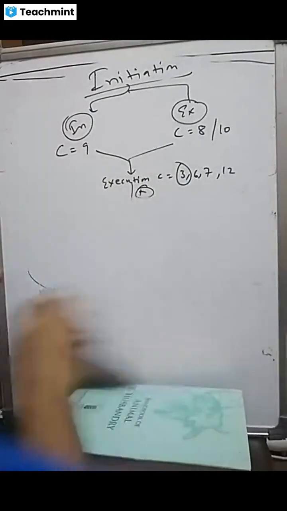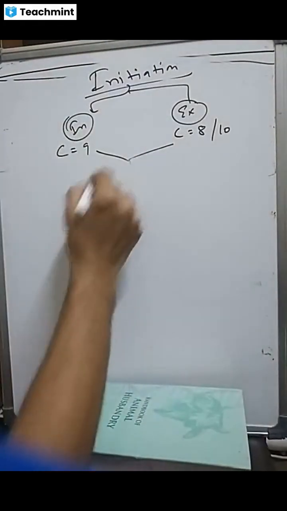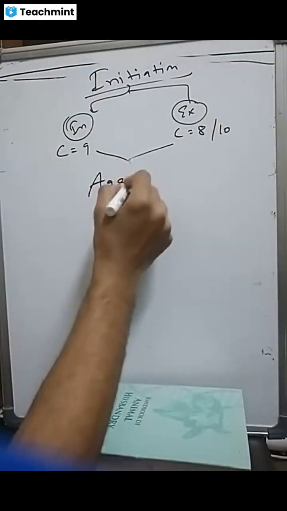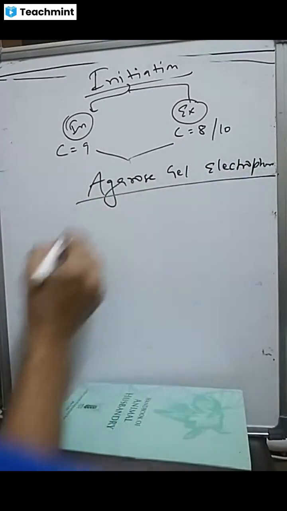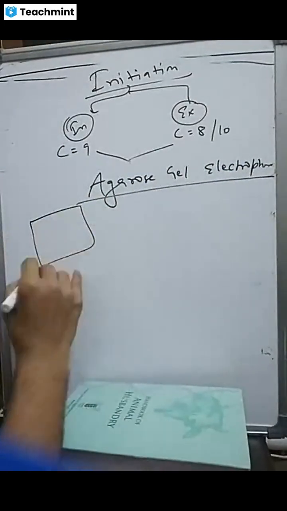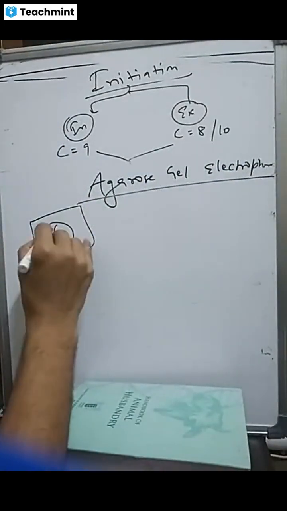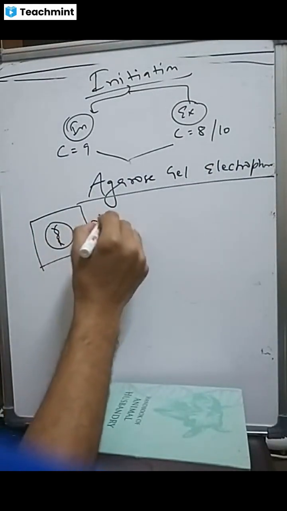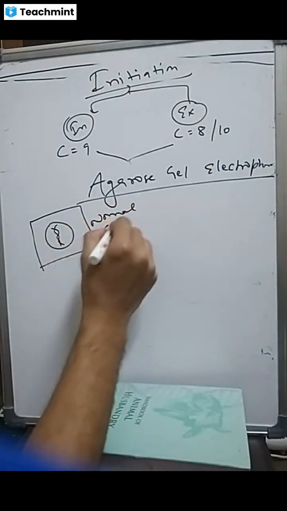How to diagnose this fragment? We have one technique known as agarose gel electrophoresis. This is the normal cell with DNA. In case of agarose gel, we will find a single band in case of a normal cell.